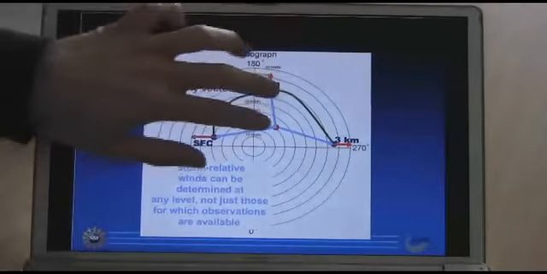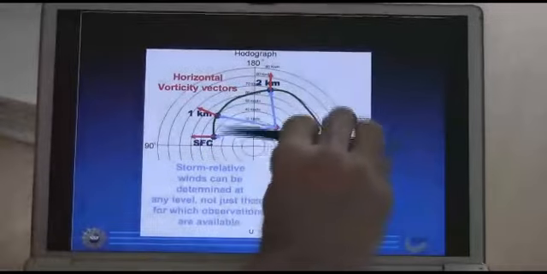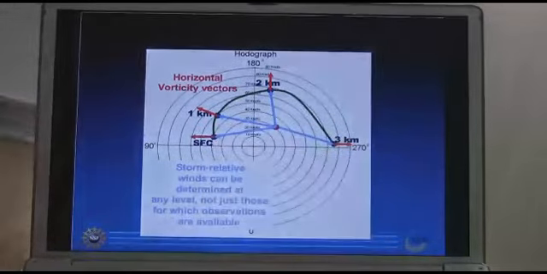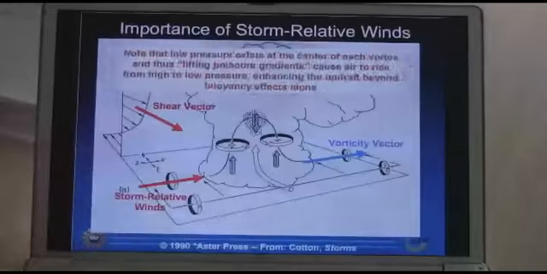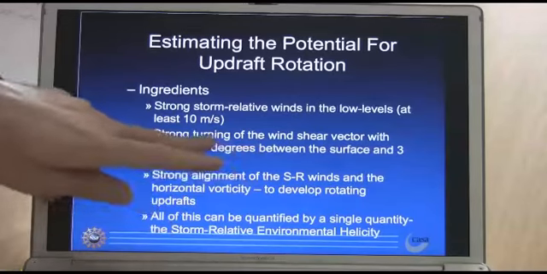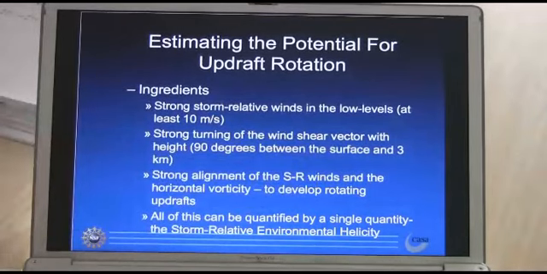All of these arrows individually, roughly 10 meters per second. Throughout the depth from the surface to 1, surface to 2, surface to 3, roughly in the lower part of the atmosphere. Overall, not just one level, but throughout the depth, averaging at least 10 meters per second.